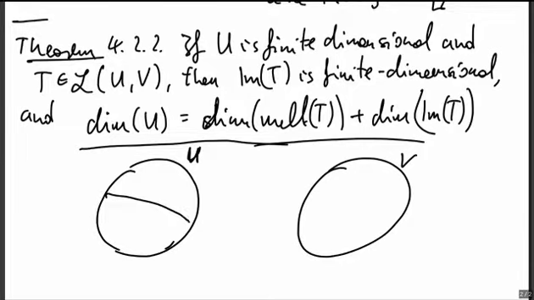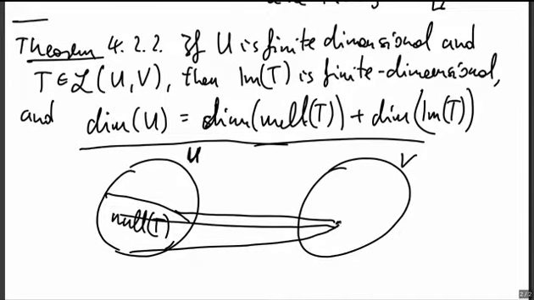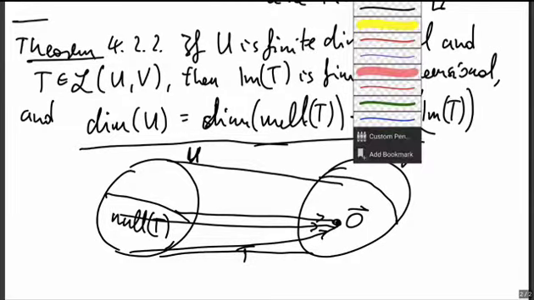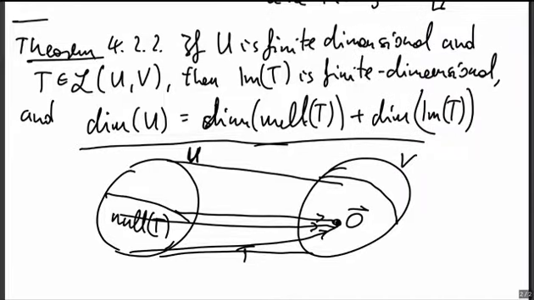Let's say that this is the null space of T in U, and all these points from this null space go to 0, as the definition of null space goes. And then the whole vector space U has an image in V, maybe not the whole vector space, it could be just a subspace. So here is the image of T.